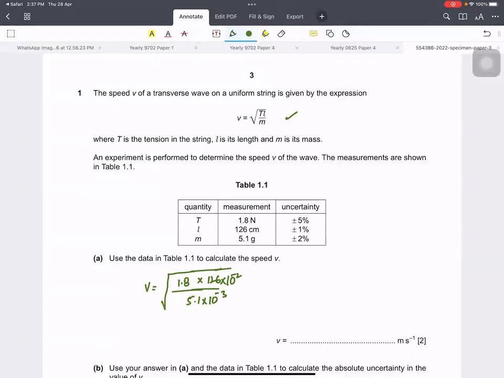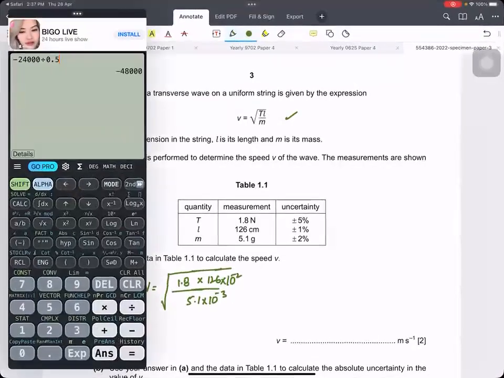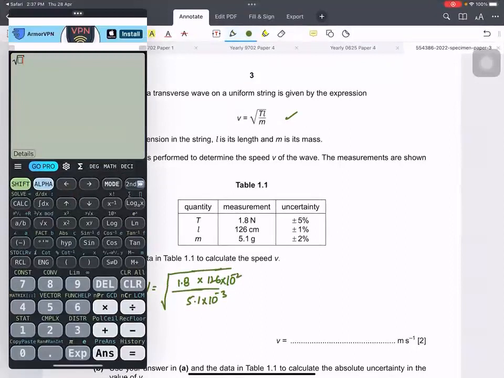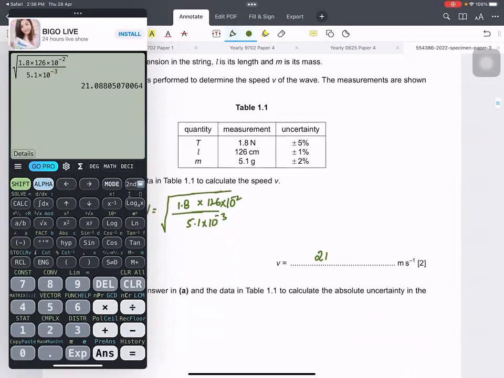Okay, so then the speed here is 21 meters per second. All right. So you can also write 21.1, that would be fine.